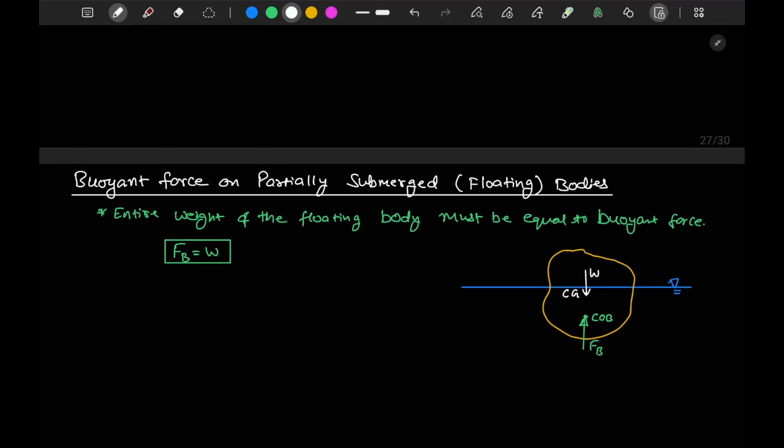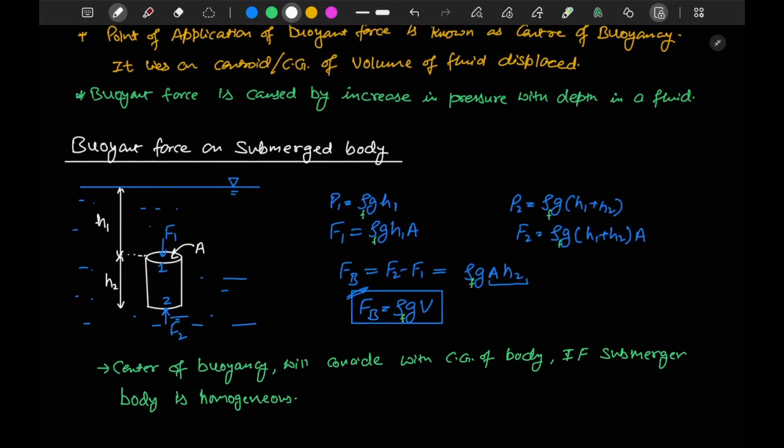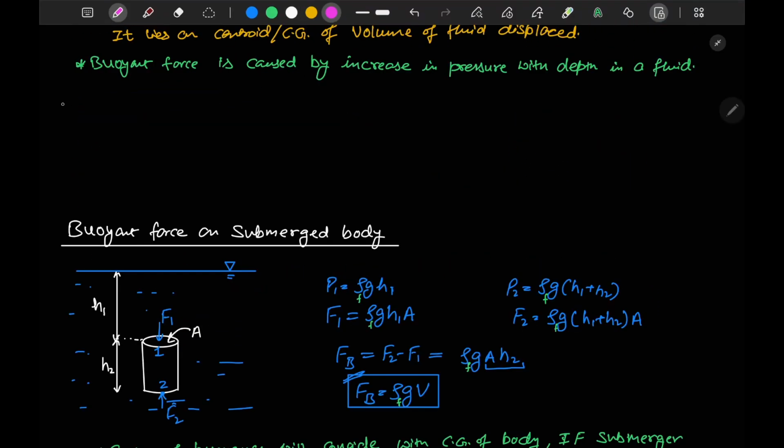If I compare hydrostatic and buoyant force, both are caused by pressure only.